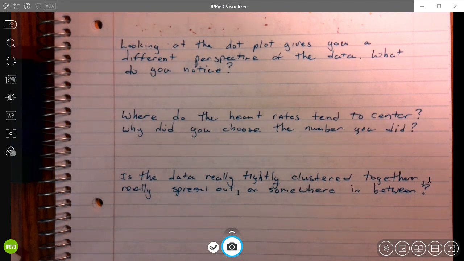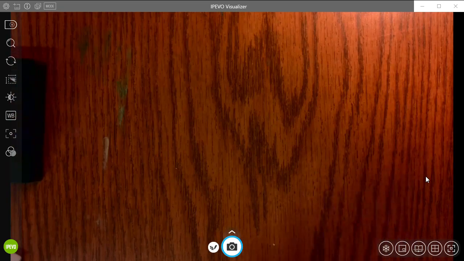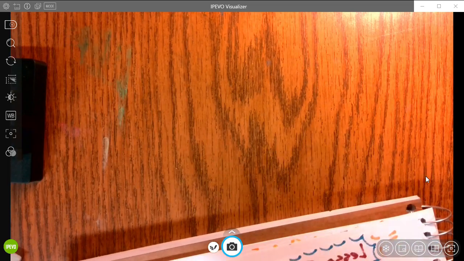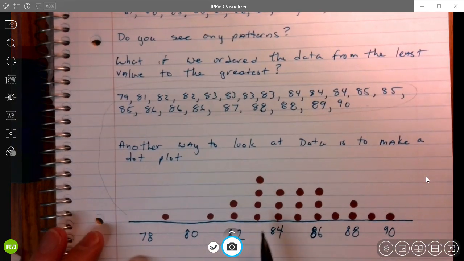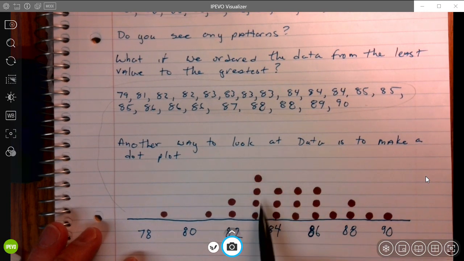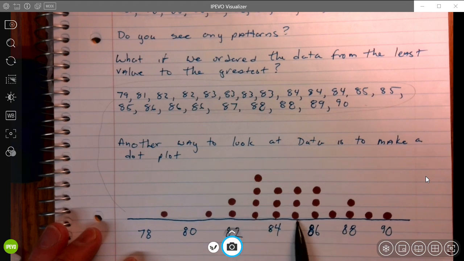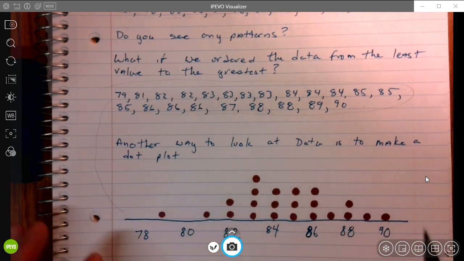Another thing you might notice is that more students have a heart rate of 83 beats per minute than any other. I'm going to have to flip back and forth here, sorry guys. But if I go back to my dot plot here, I notice that more students have a heart rate of 83 beats per minute than say 84, 82, 85, certainly 80.